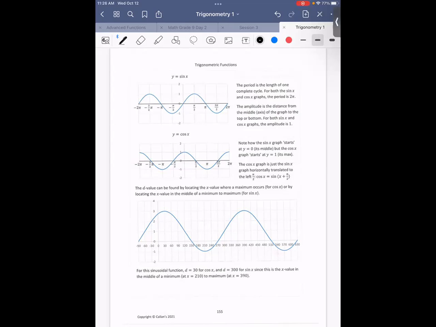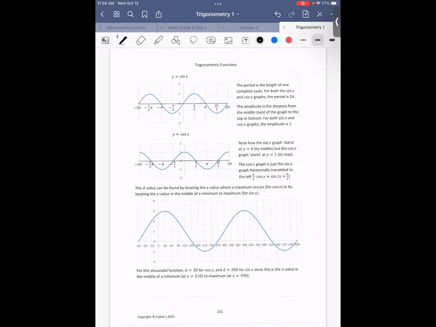And by the way, when I say y equal to sine of theta or cosine of theta, theta is just a variable. You can use x as a free variable, or theta, t, anything you want.